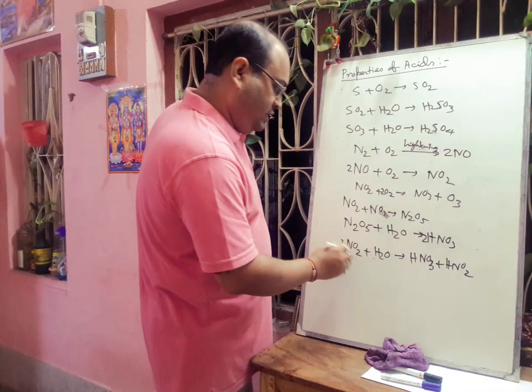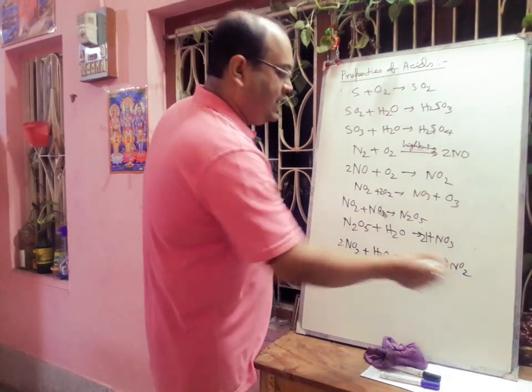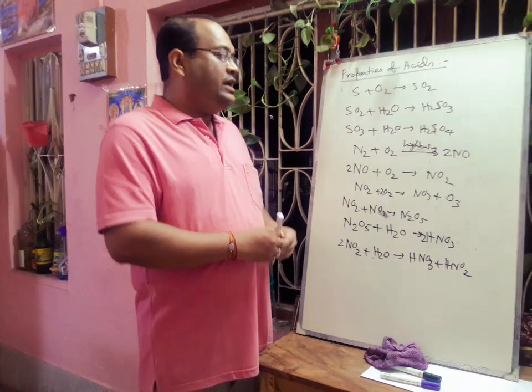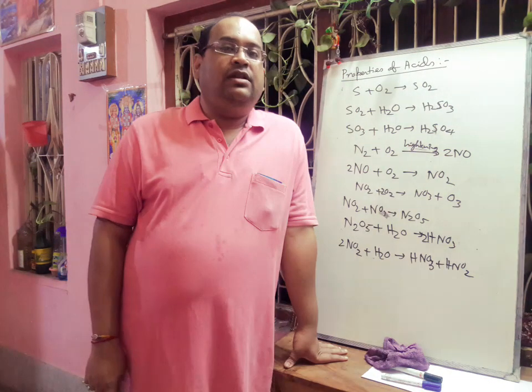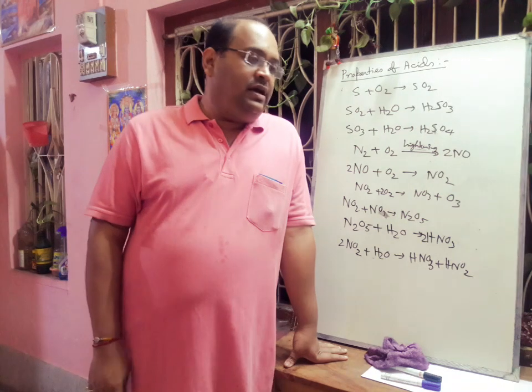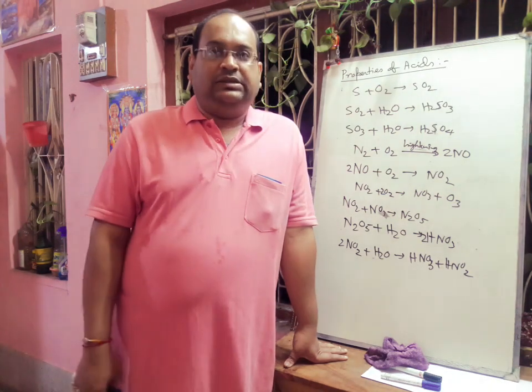NO2, nitrogen dioxide, will react with water to form nitric acid and nitrous acid. So in this way different types of acid will be produced and that will precipitate through rain and it will come to our earth.